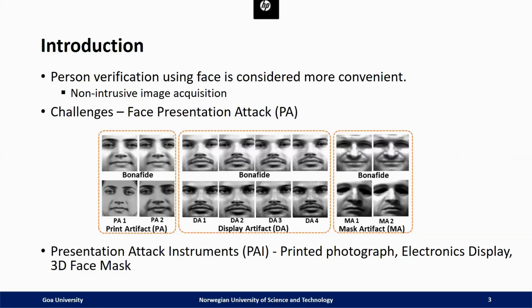Person verification using face is the most convenient way. I believe we are all used to face verification when we open our smartphone. If you have your face biometrics on your smartphone, by looking into it you can unlock it. Similarly, most of you Indians are enrolled in the Aadhaar card, which also has face biometrics as a primary identifier.